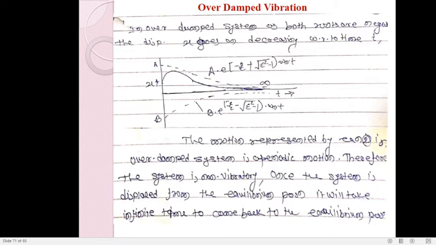For example, take the hydraulic door closer. You may have come across such a situation, say at your higher authority's cabin, where the door has a hydraulic door closer. When the door closer is new, as soon as you push the door and release the force, it comes back to the mean position very quickly.